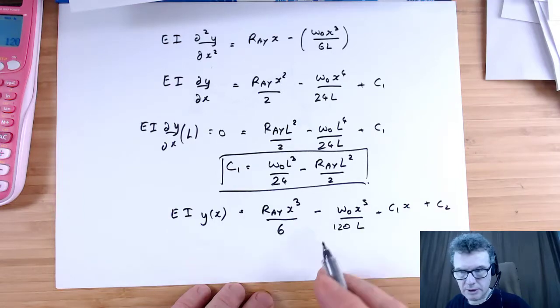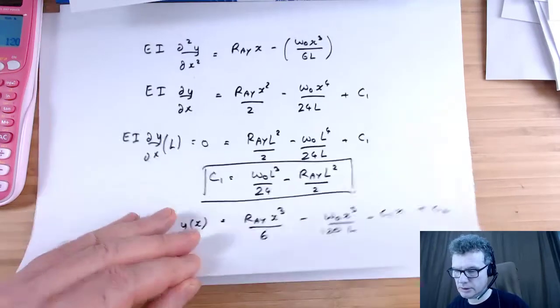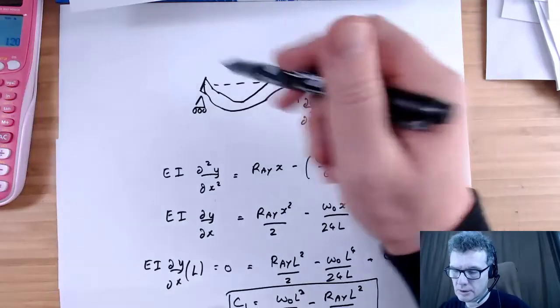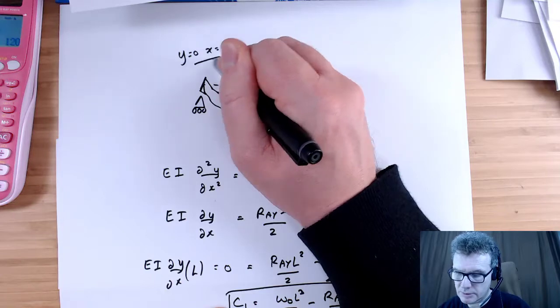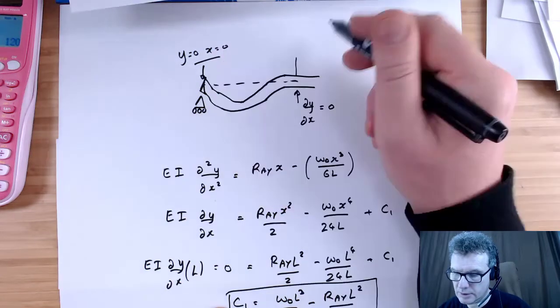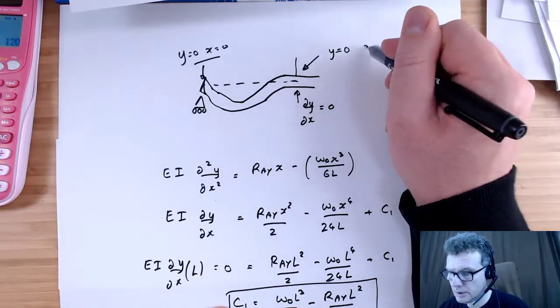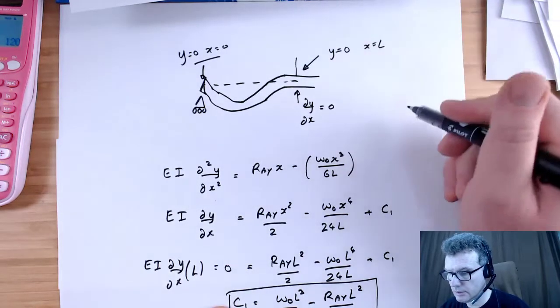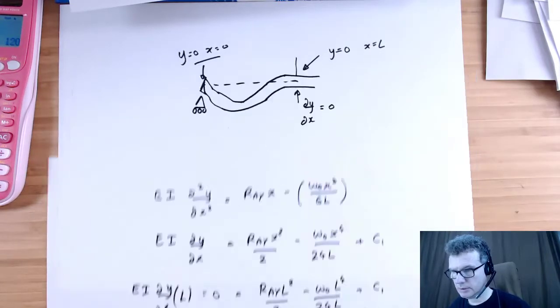Right, so now I've got this. What other boundary conditions can I apply? Obviously I've got y equals 0, x equals 0, so this one here. And I've got y equals 0, x equals L, that one there. So this one is a nice one.